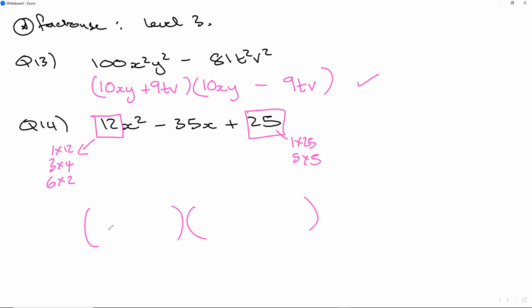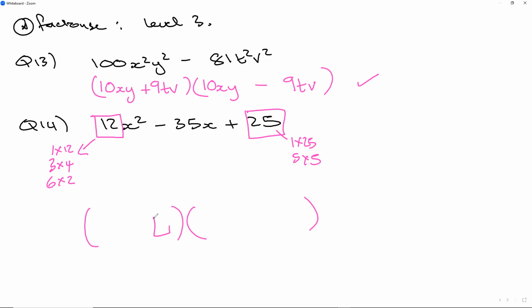We know that the first term is going to be something x and something x, because when they multiply, it'll become x squared. Those two somethings will come from this side, like 6 times 2 is 12, or 3 times 4 gets me 12, or 1 times 12 gets me 12.